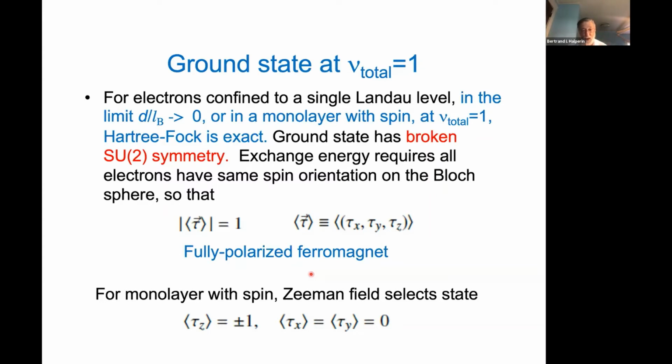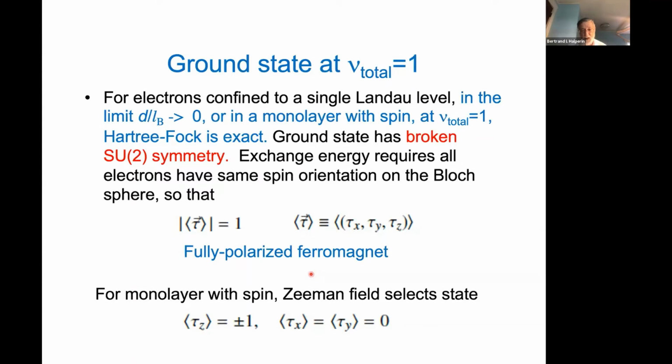So that means in the ground state, all the electrons have the same value of this pseudo-spin vector tau, where tau is a vector whose components are the 3 Pauli operators, tau x, tau y, and tau z. Tau z just measures the spin up or spin down, and tau x, tau y, of course, are the non-commuting perpendicular polarizations.